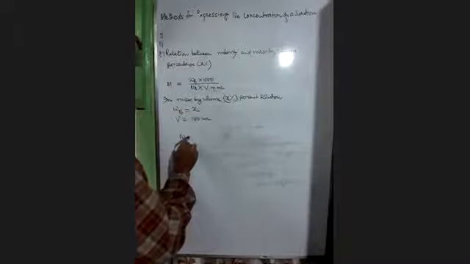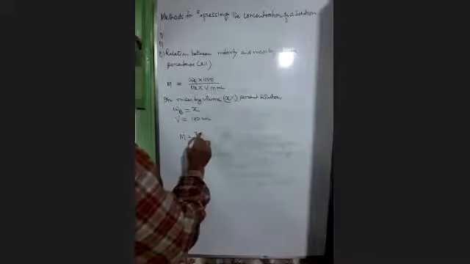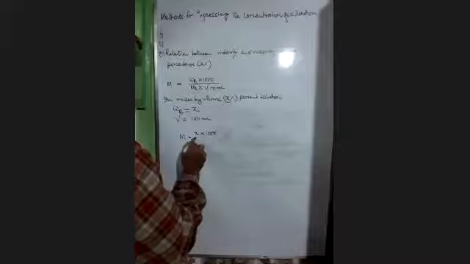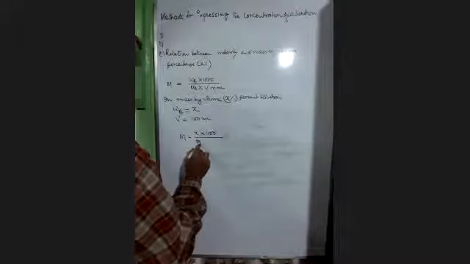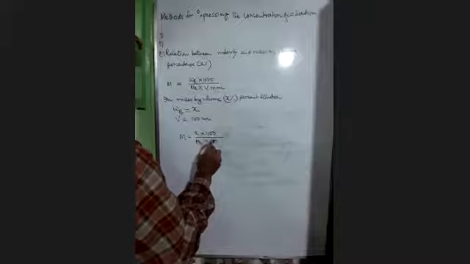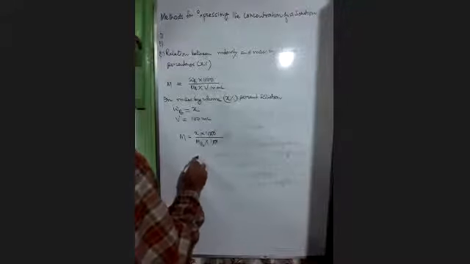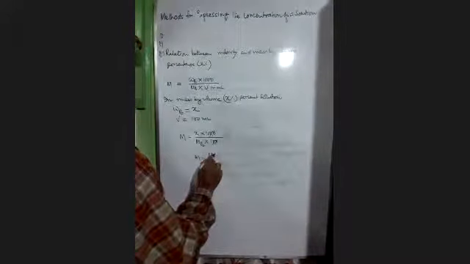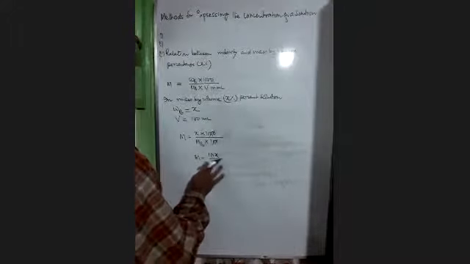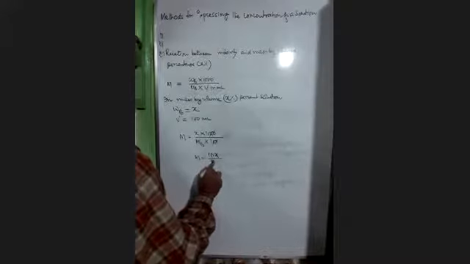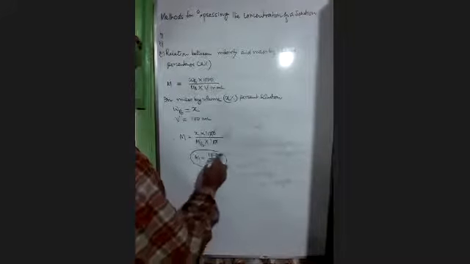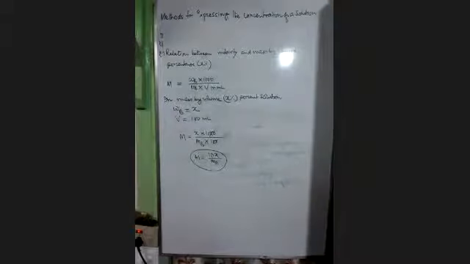So if I put it there, M will be equal to X into 1000 by MB into 100. So therefore M is equal to 10X by MB. Please remember, this is a very wonderful relationship.